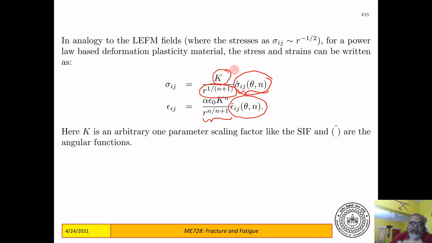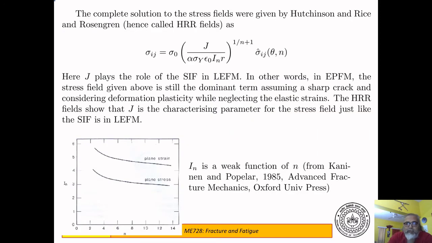Now this problem in totality was solved by Hutchinson, Rice and Rosengren, in two back-to-back papers in the same issue of the Journal of Applied Mechanics, and therefore these are called HRR fields. What the HRR fields give us is the entire form of this variation.